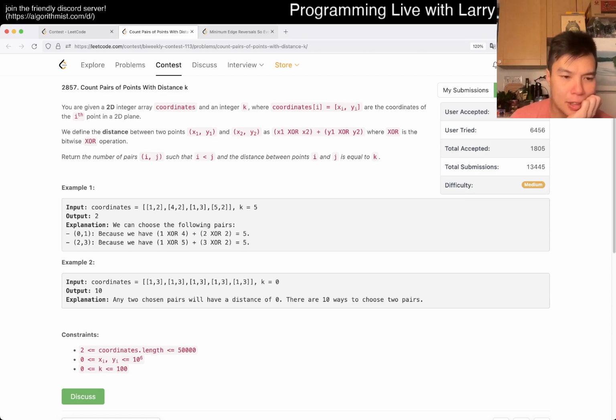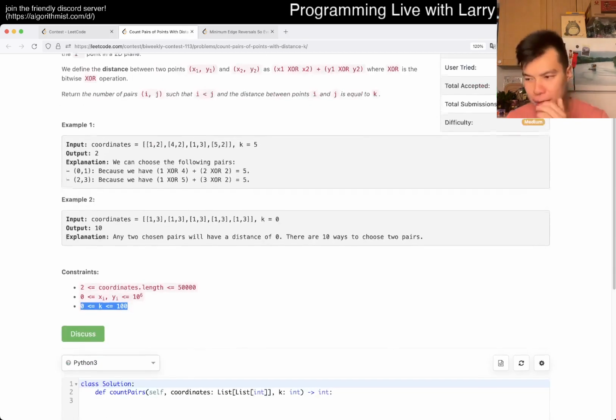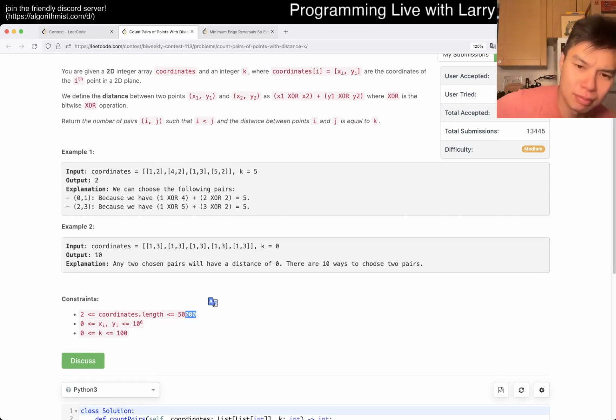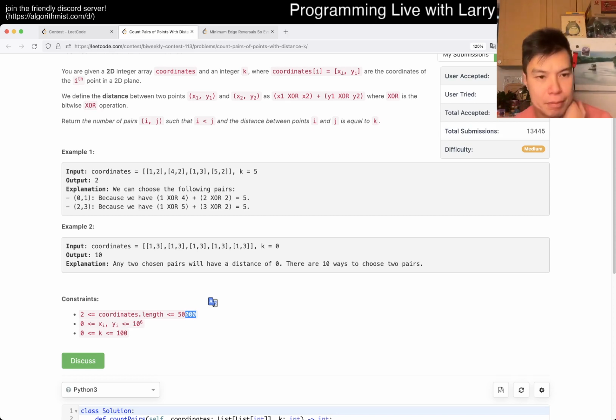To the 6. Oh, k is 100. I just noticed that. What does it mean by k is equal to 100? That means you could brute force for each one, maybe? No, does that make sense? No. K is equal to 100.